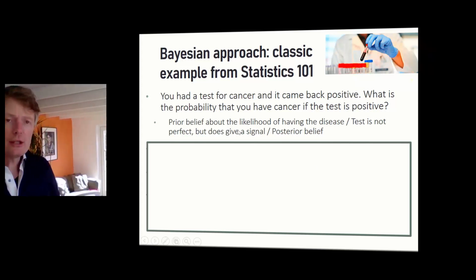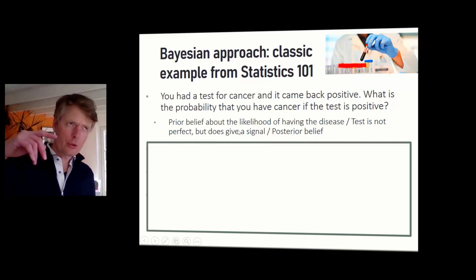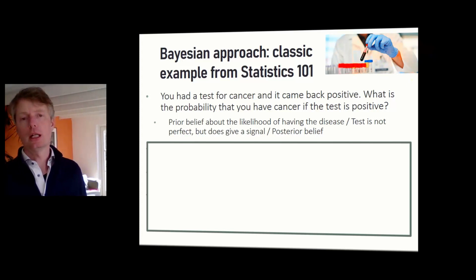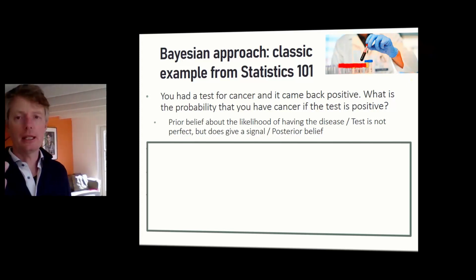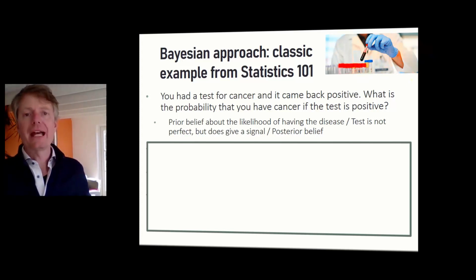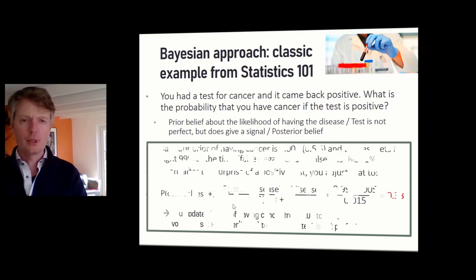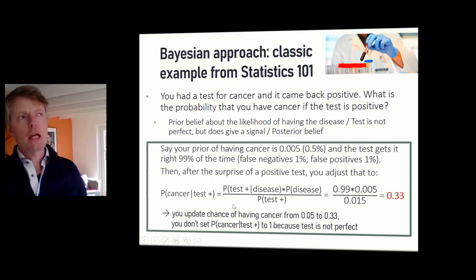Now, what goes into this process of updating is your prior, your posterior, and the accuracy of the test. So, as it says here, the test is not perfect, but it does give a signal. Now, for many types of cancers, it holds that they're pretty rare.